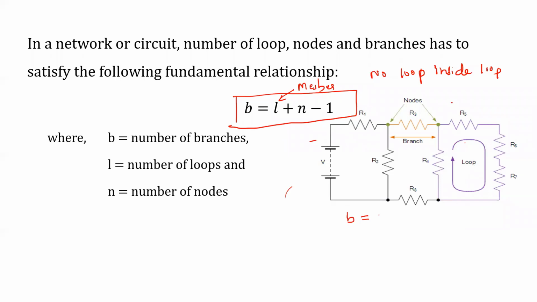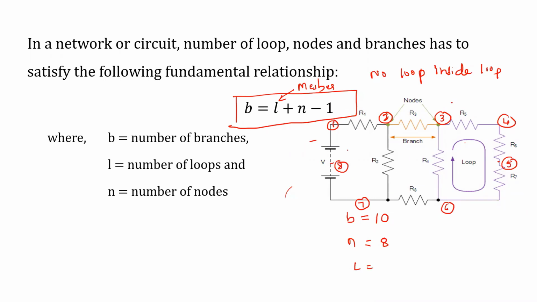Now the number of nodes: node 1, 2, 3, 4, 5, 6, 7, 8. Number of nodes is 8.